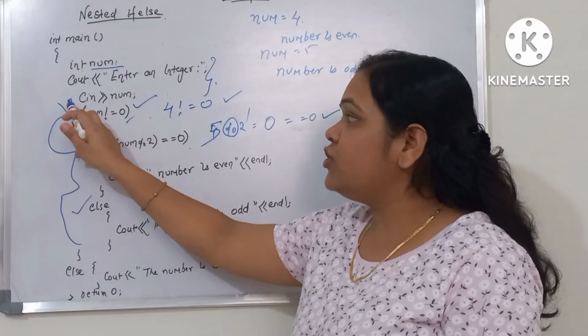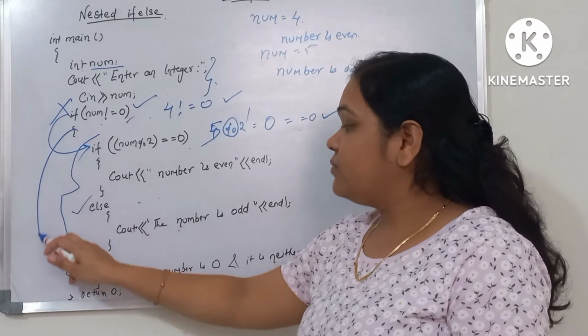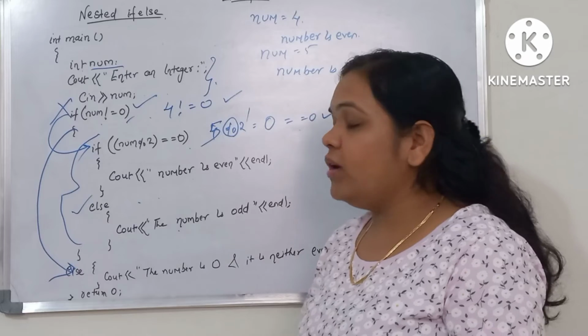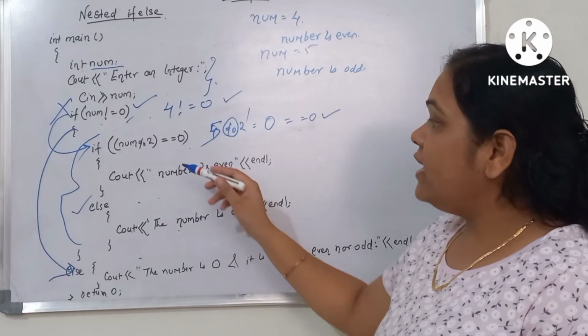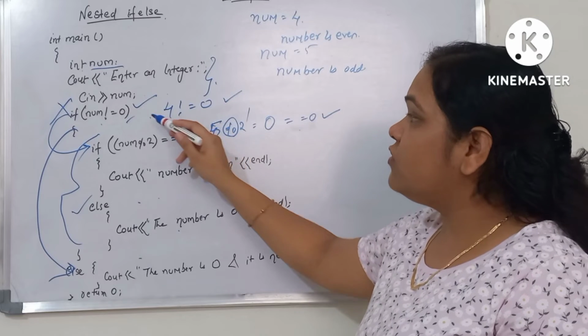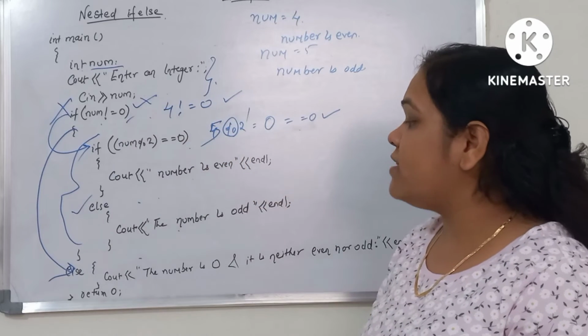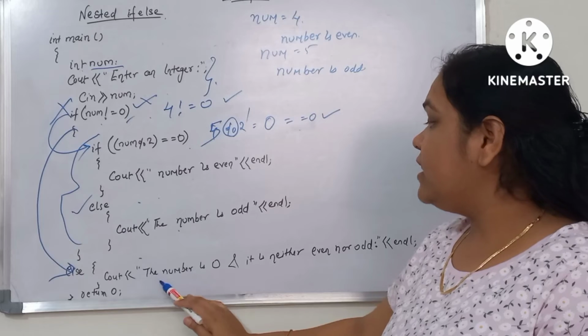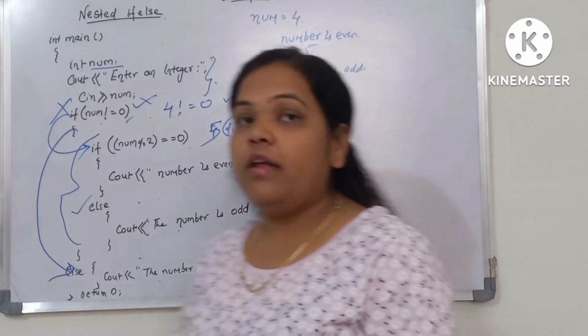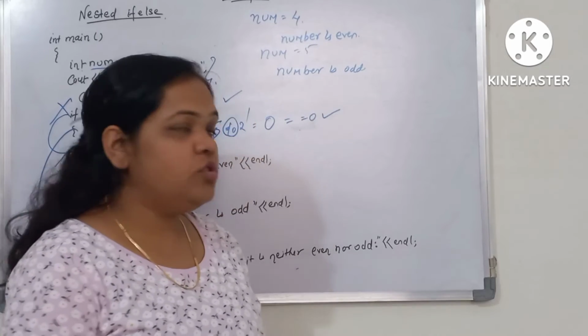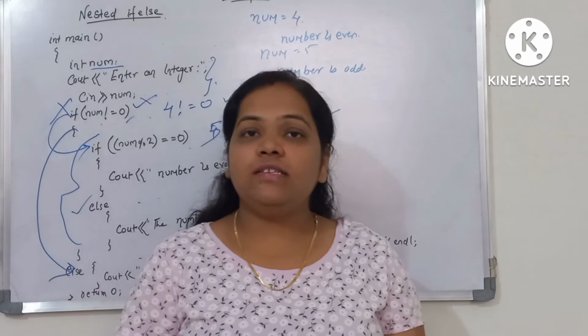Otherwise, if this condition is false, then we go to this last else part. Clear? And if the first condition is false, then what will print here? The number is 0 and it is neither even nor odd. Clear? So this is the example for nested if else.